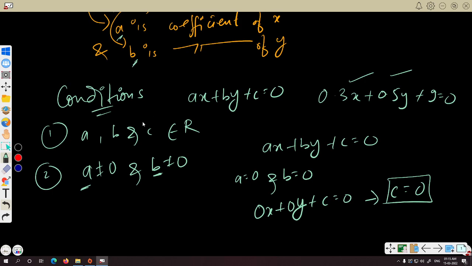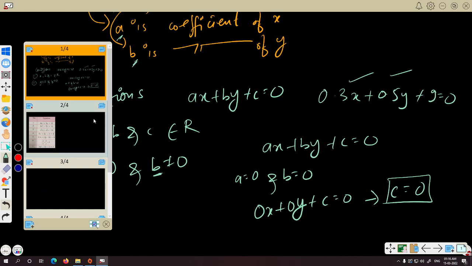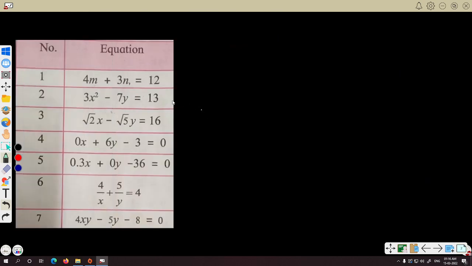Now, next thing that we will discuss is, we'll look at some examples and we will verify whether the given equations are linear equations in two variables or not. The examples that we will discuss are from your book itself. Look into this. The first equation says 4m plus 3n is equal to 12. I'll write the conditions once again.